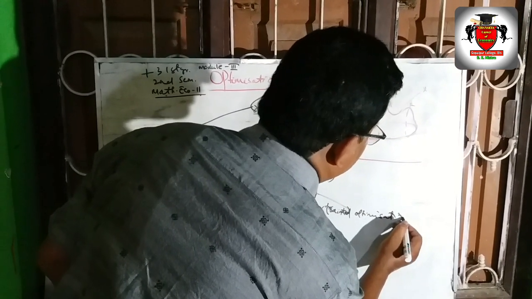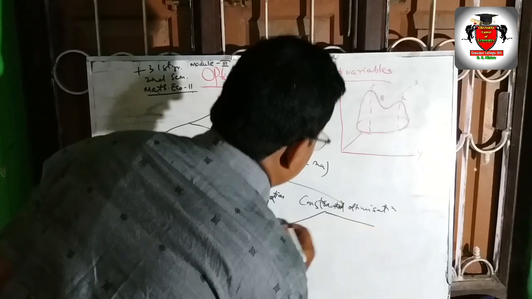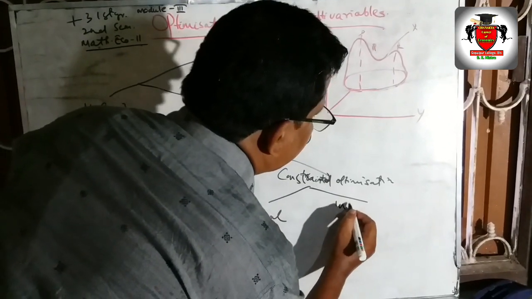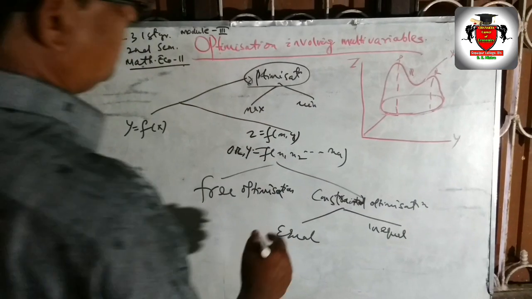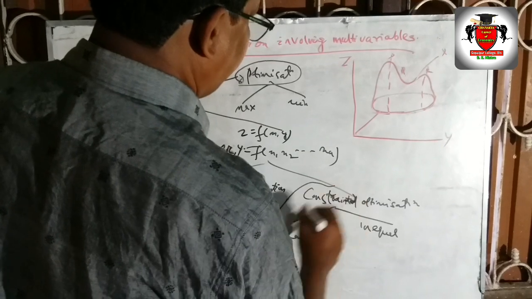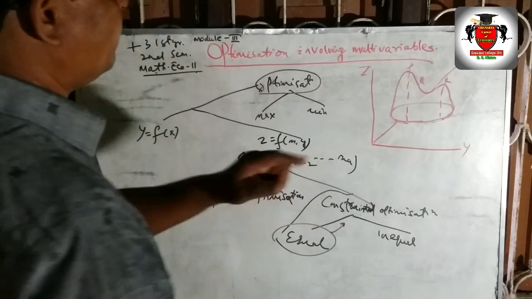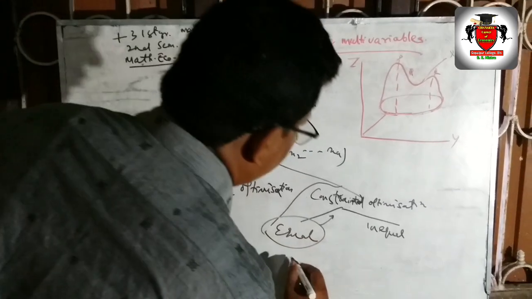Again, constraint optimization is of two types: equal constraint and unequal constraint. When we study the optimization involving equal constraint, we find it in our course in Module 4.